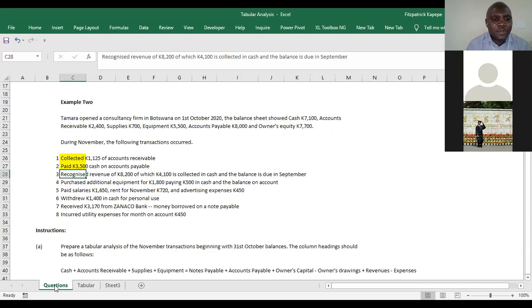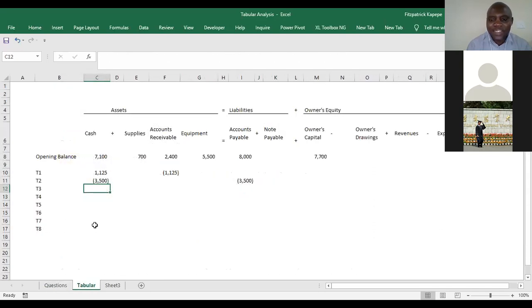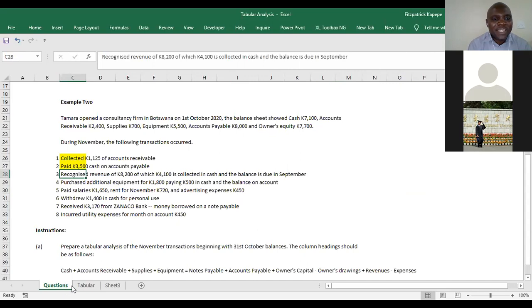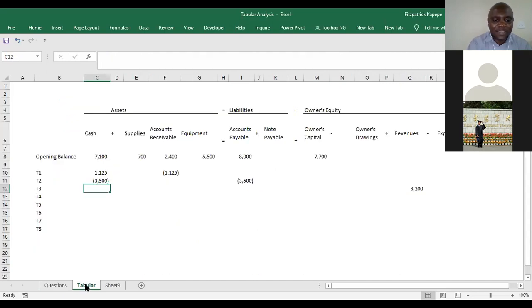So 8,200 is coming in as revenue this side. But with this revenue, we did not get everything in cash. So how much did we receive from that? We received 4,100.